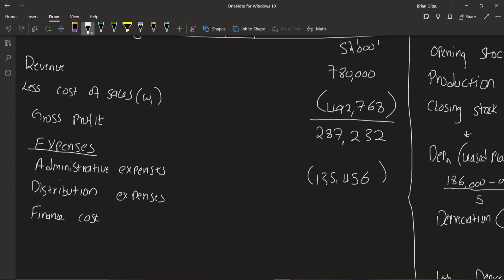So distribution costs, I did not see any information affecting distribution costs other than depreciation. So we go ahead and take 42,000 as per the trial balance, and then we add the depreciation, which is 3,546.